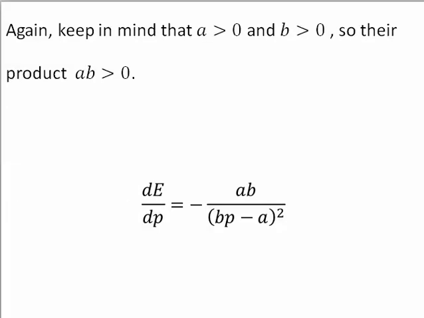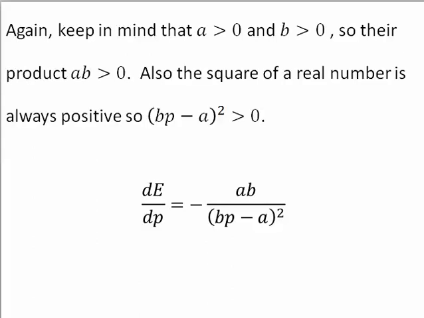As I keep saying, because it's so hard to remember, A and B are both positive numbers, which means their product is positive. So that AB in the numerator is positive. What about the denominator? The denominator is just a square.